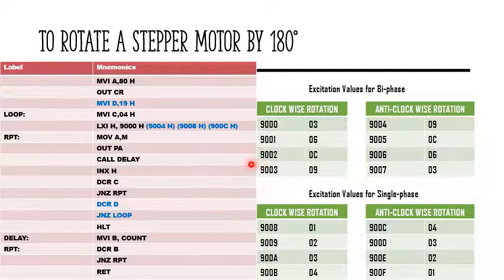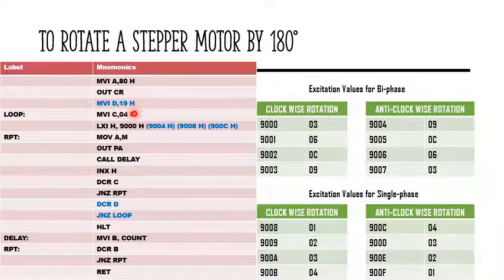So this program shows the stepper motor rotating by 180 degrees. It is implemented by adding another loop with register D as counter. I have highlighted it in blue color. The program uses the same logic and instructions as we have seen for the complete rotation program for rotating the stepper motor at 60 rpm.